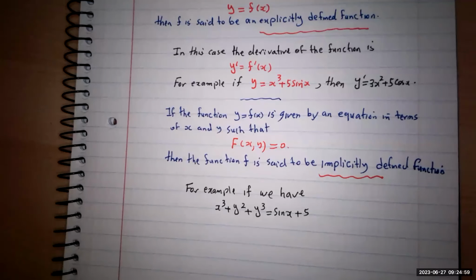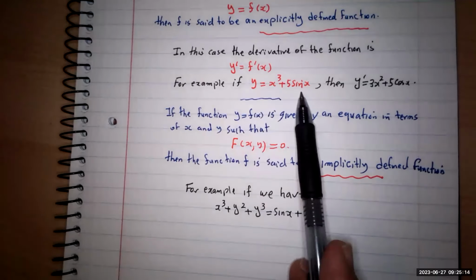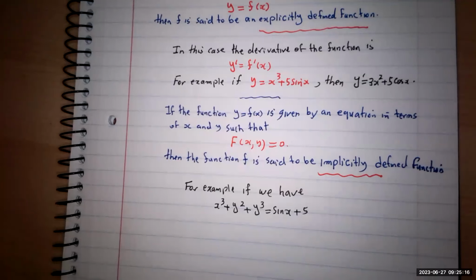Imagine that y is a function of x, but you don't have the direct equation for it. If you like, you can solve this equation for y and change it to the explicit form, but this is not easy to solve. Because in terms of y it is a cubic equation, good luck solving it. It would be almost impossible or very difficult to do.